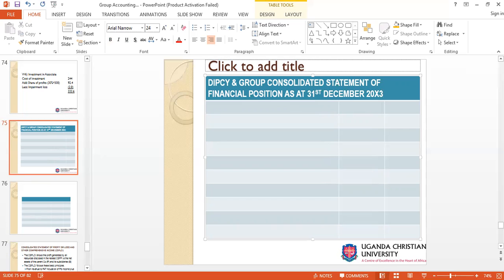Remember our amounts are in thousands of dollars, that is three zeros. That is the degree of precision we are using.